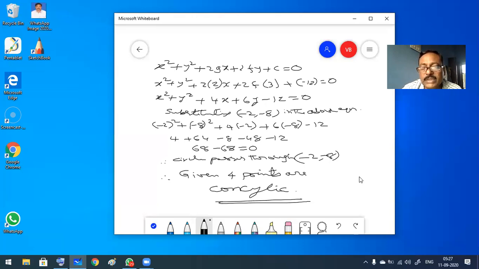If it satisfies the circle, then the fourth point is also on the circle. Therefore all the 4 points lie on the circle, so the given 4 points are concyclic. This is the process to show that the given 4 points are concyclic.